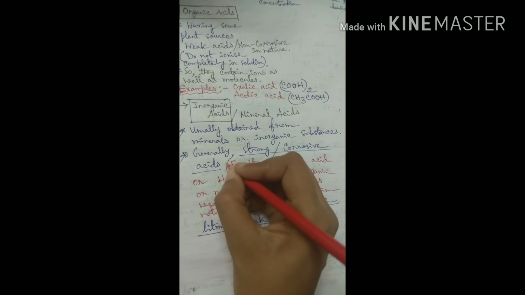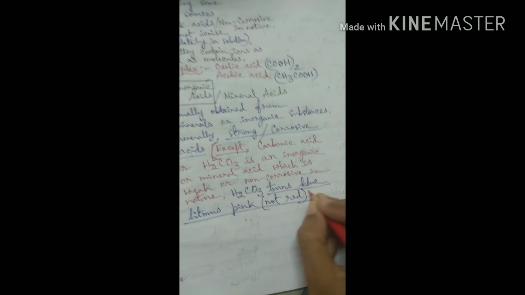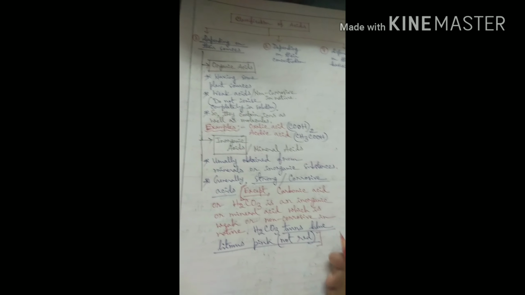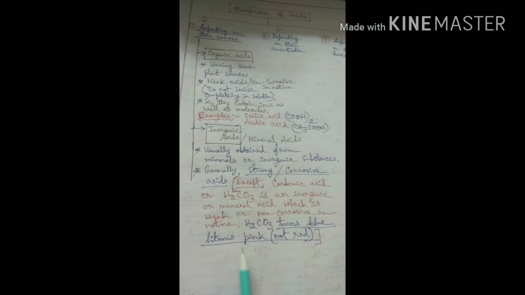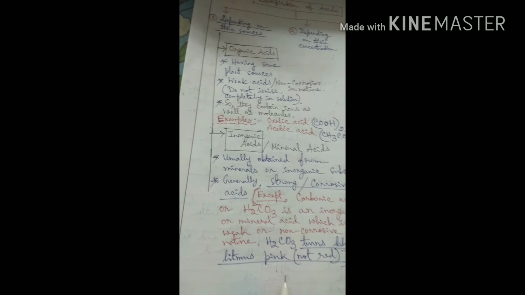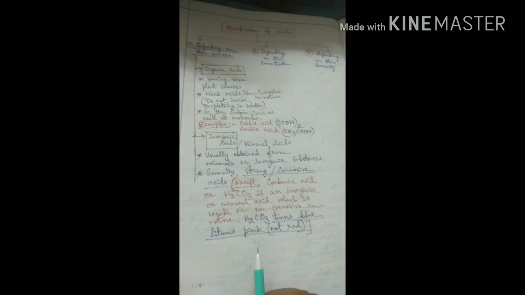Take notes, or you may take a screenshot and write down later. And carbonic acid is used in soft drinks. Okay, cola drinks, soft drinks.